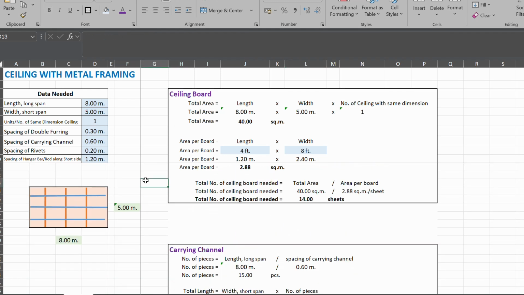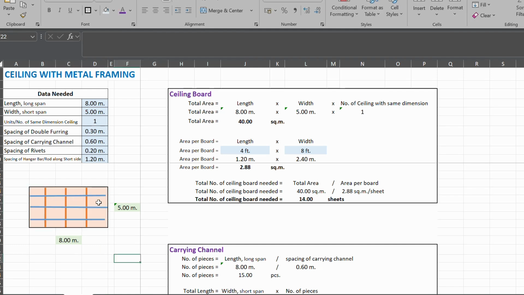However, we will go back to the carrying channel. The carrying channel should be placed in this direction, along the short span, I think I discussed it already. It is the one that carries the weight of the board, the double furring, and our ceiling board.